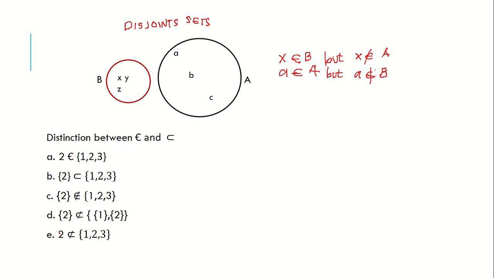In letter E, 2 is not a subset of {1, 2, 3}. Why? Because 2 is an element. To make this statement true, that 2 is a subset of {1, 2, 3}, you must put 2 in a grouping symbol as a set. Okay, I hope it's clear.